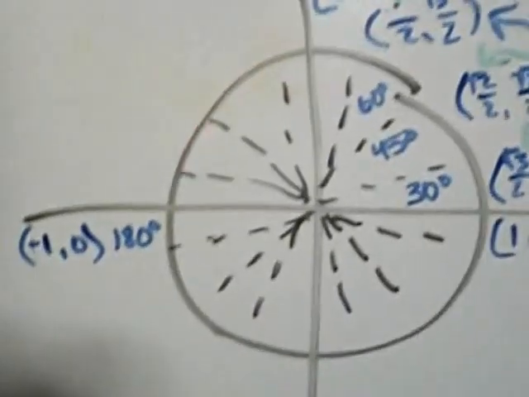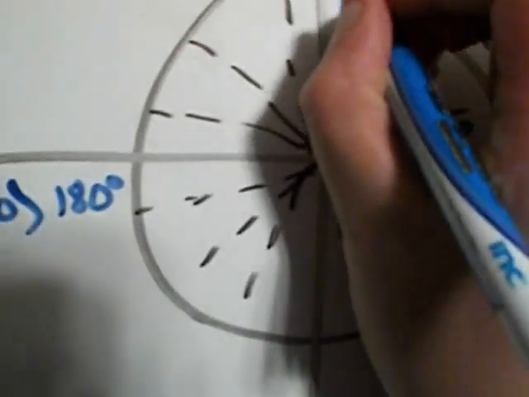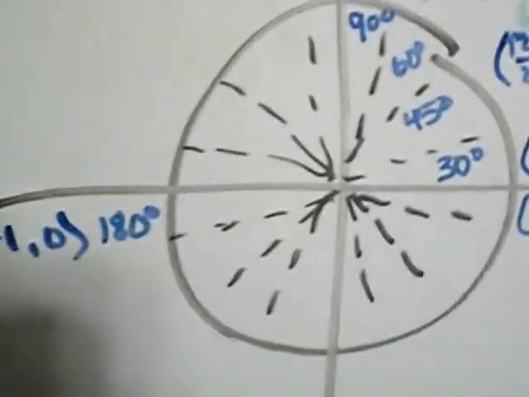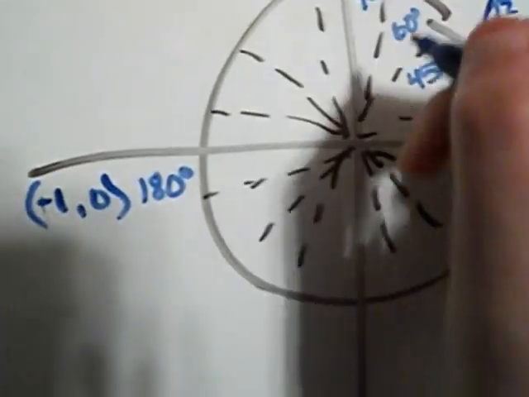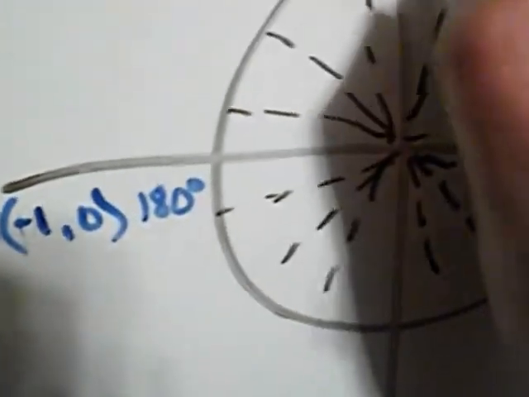Okay, now here's how I've learned to solve for the degrees on the rest of these. And this is also from my teacher, Mr. Trask. So we know that this is 90 degrees. Okay, well we need to find the rest of these. So in order to go from 90 to here, we would add 30, okay? So you would add 30 to 90.